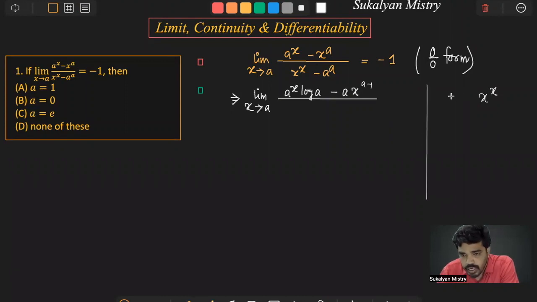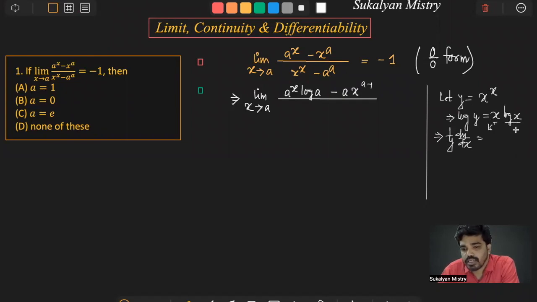Put let y is equal to x to the power x. So taking logarithm both sides, log y is equal to x log x. So this implies 1/y dy/dx equals, consider this as first function and this as second function.